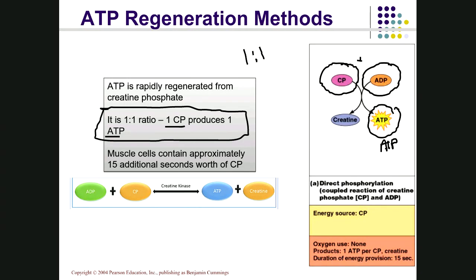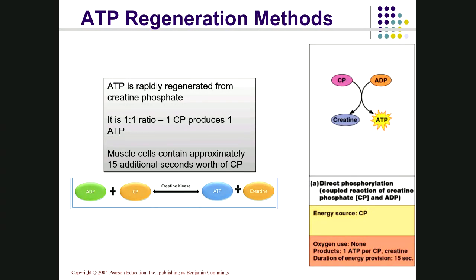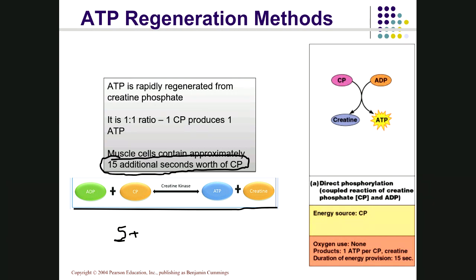Well, we also don't have an unlimited amount of creatine phosphate. It's a storage form and we have it in there, but there's only a certain amount. And if we use up all of the creatine phosphate, that'll give us about another 15 seconds worth of ATP. So we had 5 seconds, now we've got 20 more.